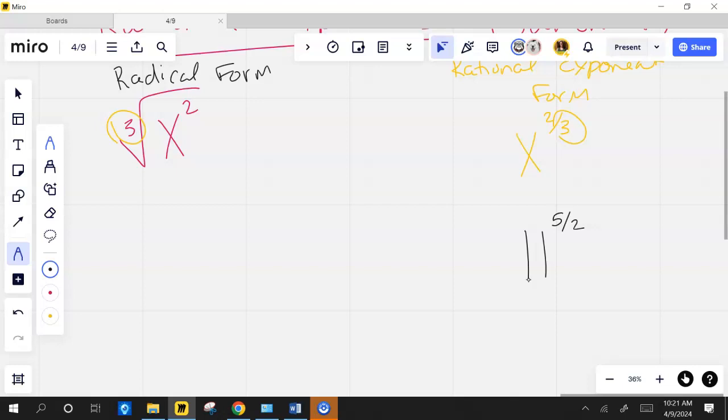What's it look like in radical form? I don't have to put the 2 out there, but if you want to put the 2 for the root, you can. It is implied.